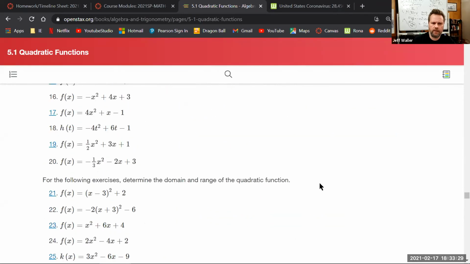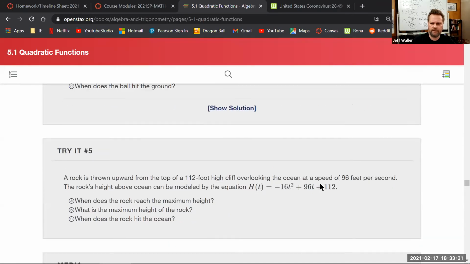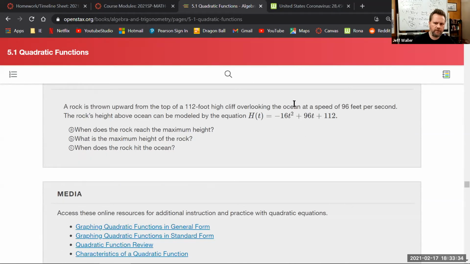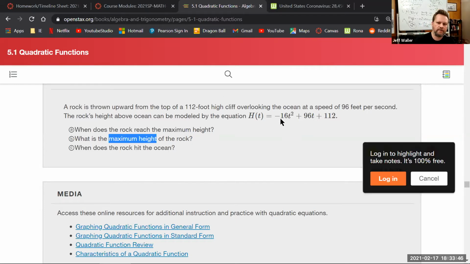Here's one where they give you the function. It's the rock thrown, and it follows this pattern. It's just like the profit one we just did. You know what B is, you know what A is, you can find the vertex. That's where the maximum height is going to be. Maximum because it's opening down. Do you guys see what to look for?